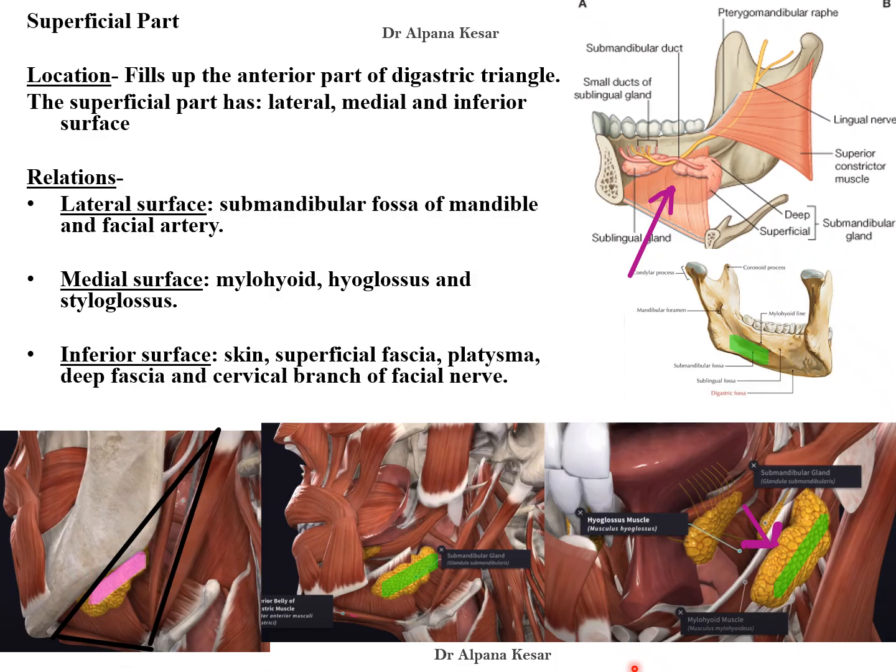The lateral surface of the submandibular salivary gland is this. This is the lateral surface of the submandibular salivary gland, which is related to the medial surface of the body of the mandible. On the medial surface of the body of the mandible is present a depressed area called submandibular fossa.